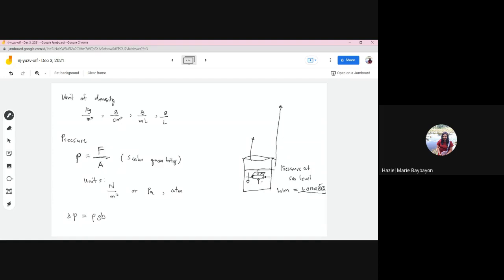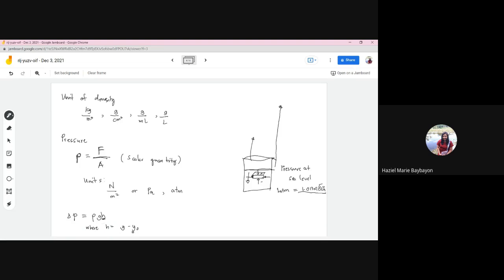It is dependent on the height. Your height can be expressed in terms of the change in Y, the change in the vertical position, so H is equal to Y minus Y naught.